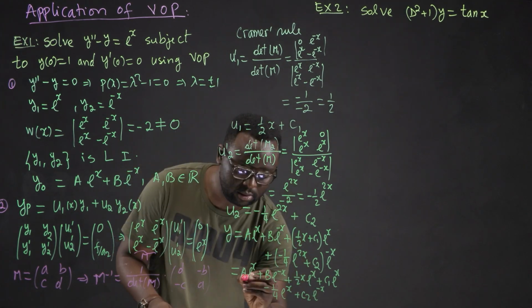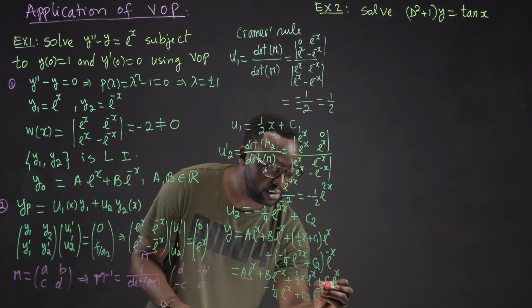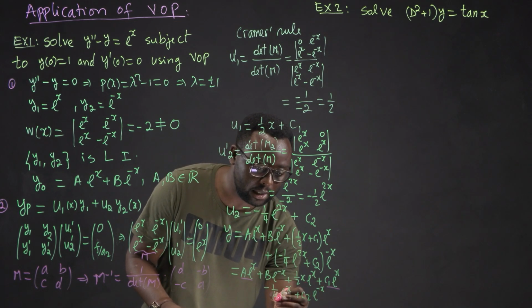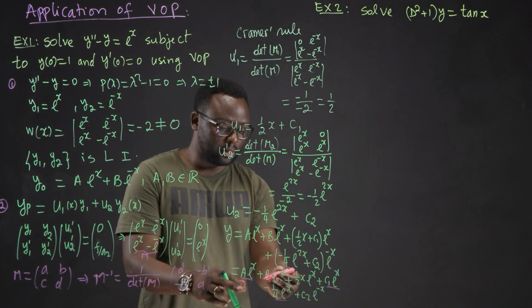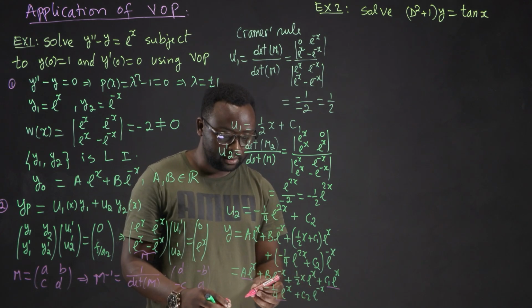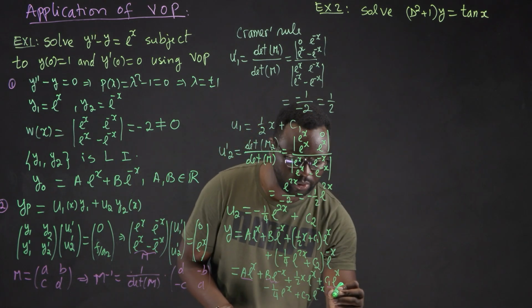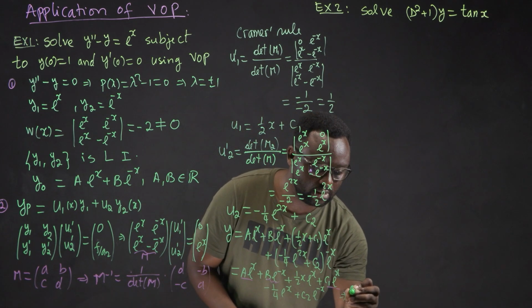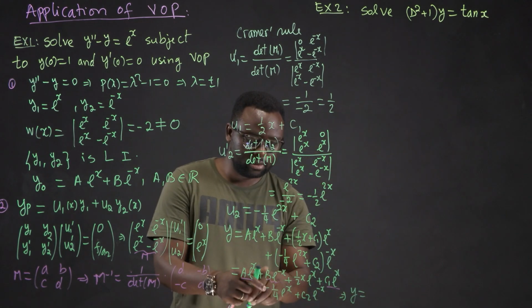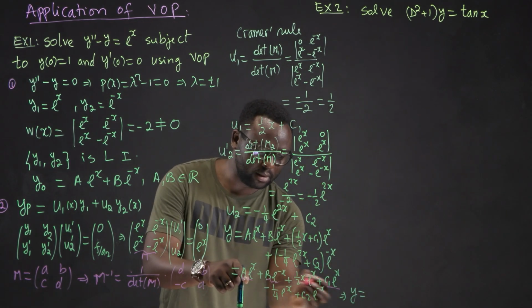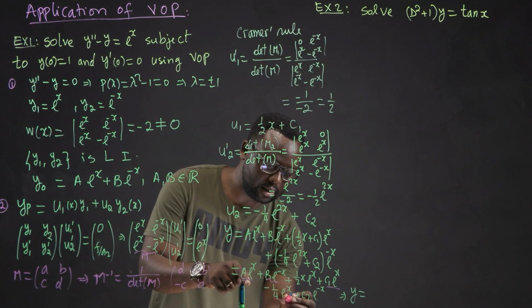So this term and this term and these other terms are all similar, and they are all multiplied by a constant, right?